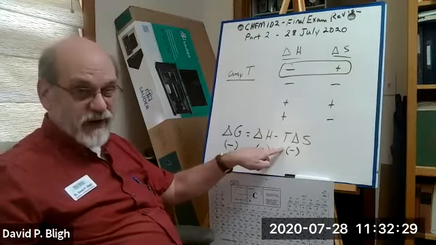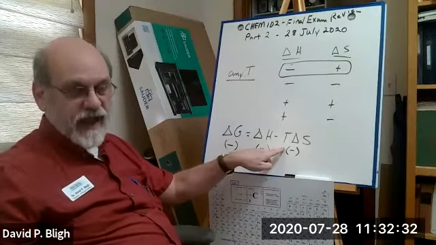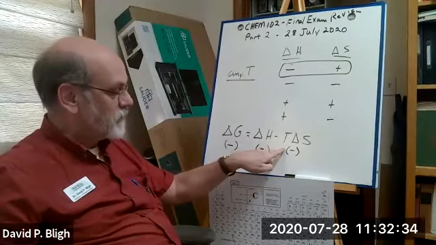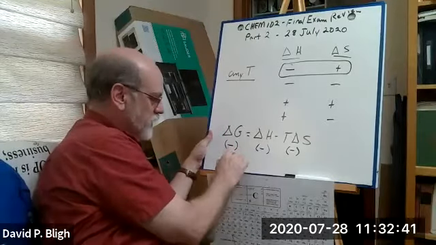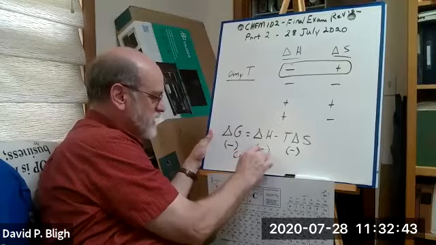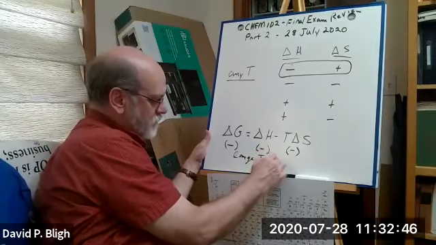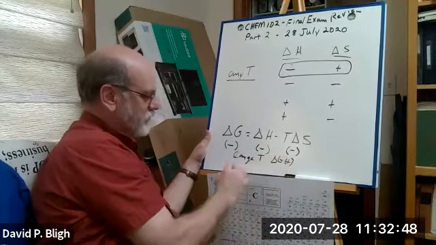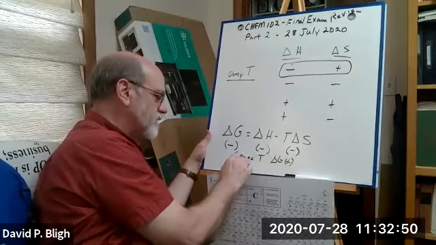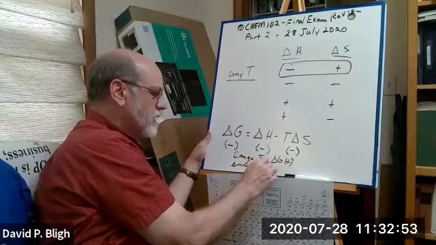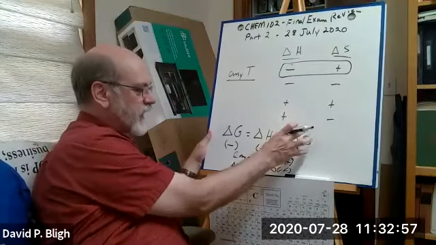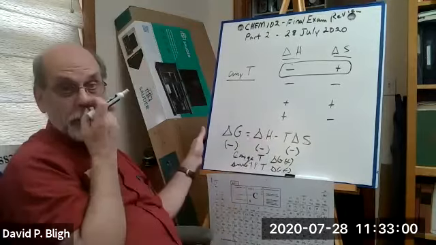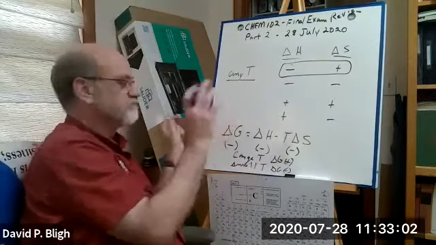So for very, very large values of temperature, that makes it non-spontaneous. So at large T, delta G would be positive. So we need small T for delta G to be negative. A small T would minimize this value and keep the expression negative. Okay?